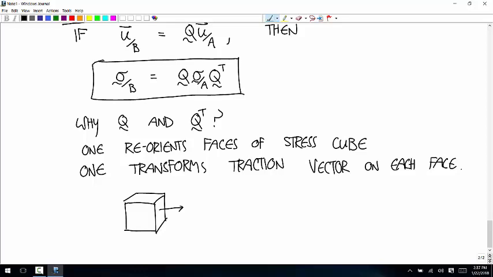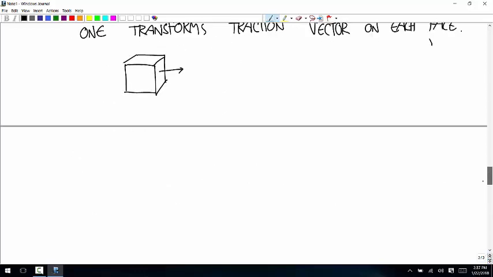Yeah, well, for us, one of the earlier things that we did was we said, no matter how the face is oriented, the tractions on that face are equal to the stress tensor times an outward facing normal vector. And that's an easy calculation, it doesn't take any thinking. Yes, that's right. Yep.